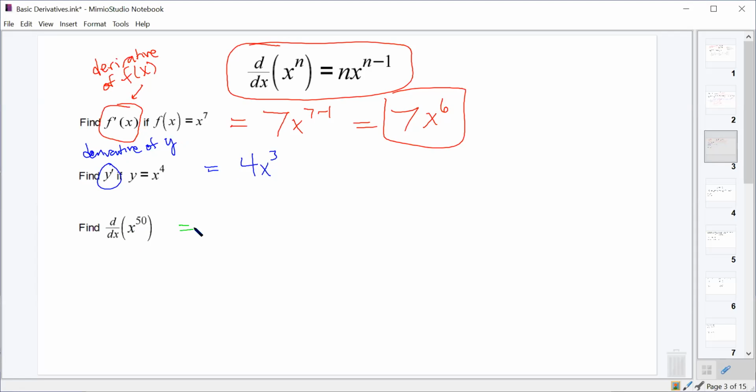That derivative should be 50x to the 49th power. Easy enough. And definitely a whole heck of a lot easier than writing out x plus h to the 50th and expanding that out using Pascal's triangle. That's a lot of work. It's much easier, yeah. Everyone good with those? You need to be able to do those, because I promise you they're just going to get more and more difficult.